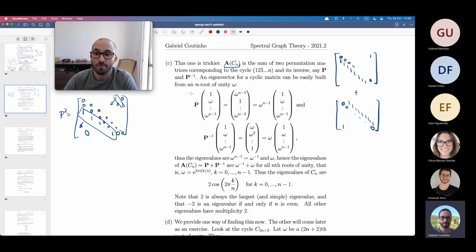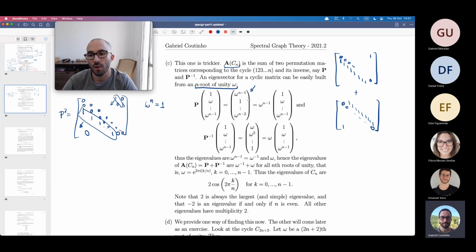You can check. An eigenvector for a cyclic matrix can be easily built from an n-th root of unity. This is a complex number omega so that omega raised to the power of n is equal to 1. Why is that? Because if I multiply P by this vector, the answer that I get is this vector here. I'm rotating this vector, I'm cycling, right? So each one of these entries is going down and this one is going up.